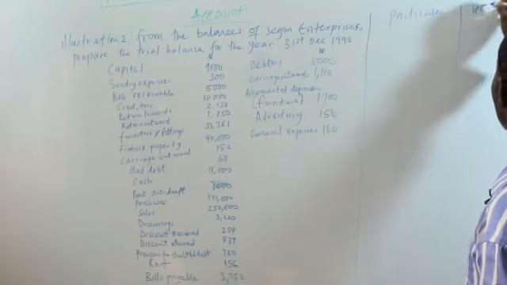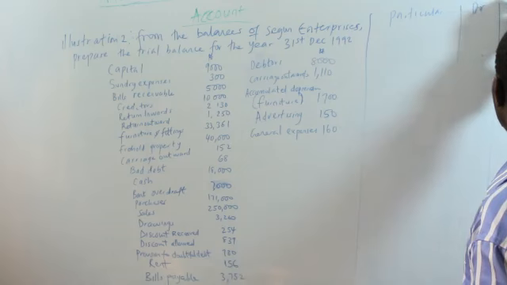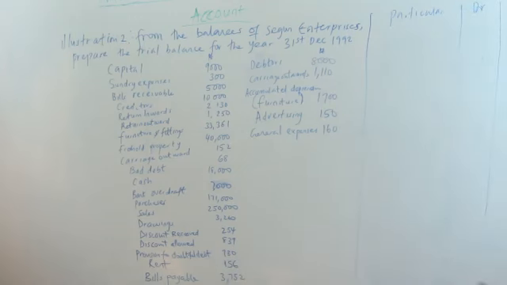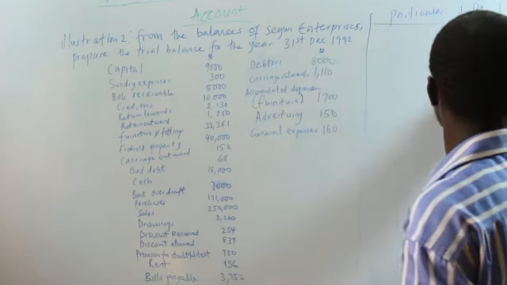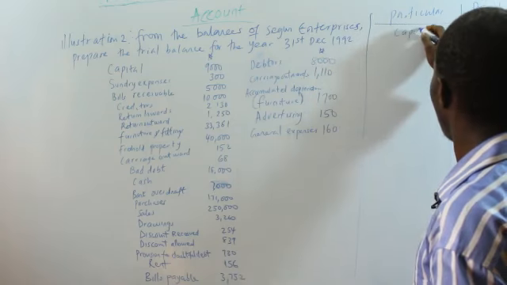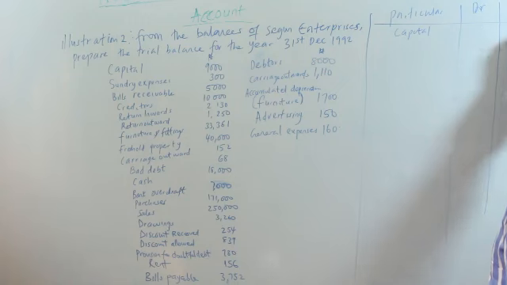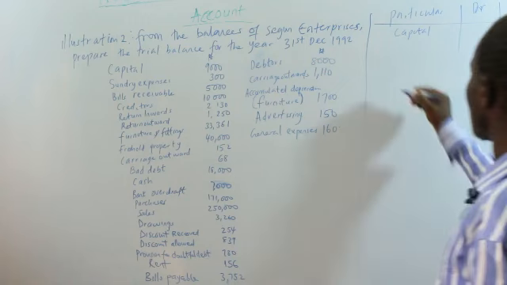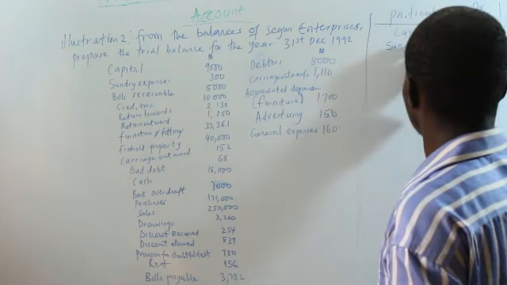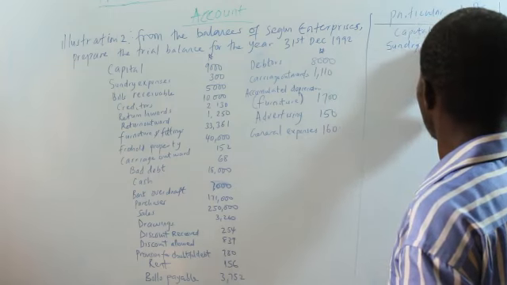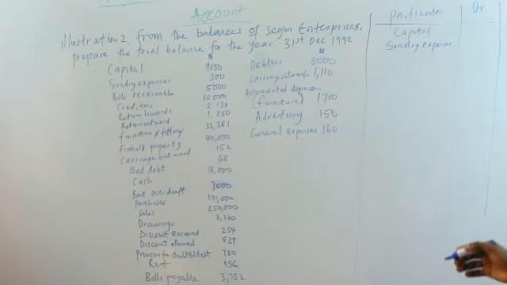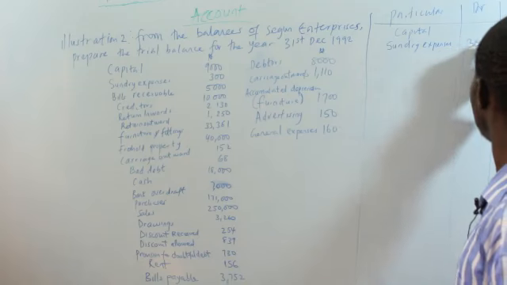Have debit, have credit. So the first thing we have is capital. Capital has a credit balance, which is 90,000. Sundry expenses: all expenses are debited in the general balance, so we have a debit balance of 300.